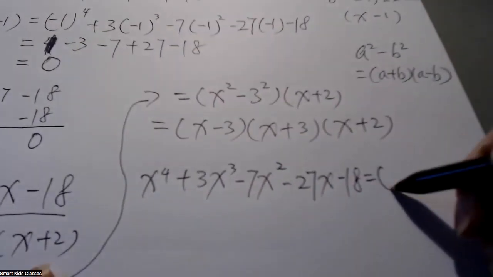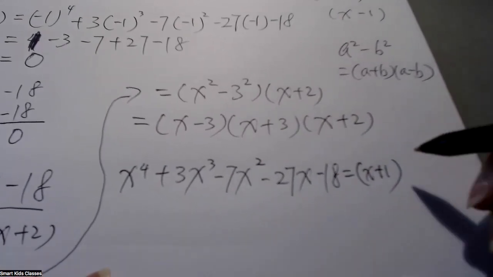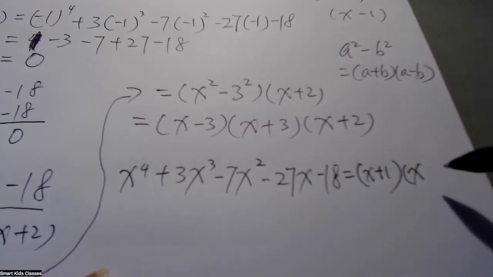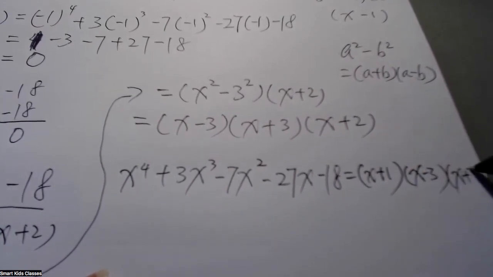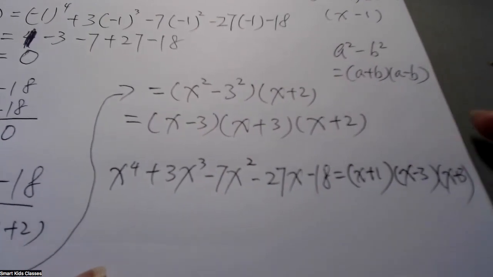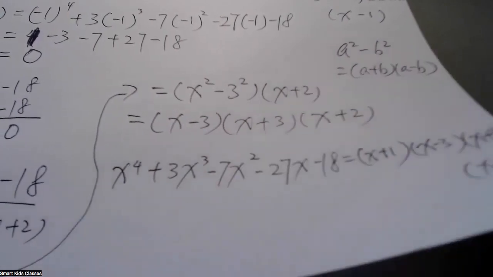So we're going to put x plus 1, the first factor, x minus 3, x plus 3. Excuse me, I'm running out of room here. And x plus 2. So that's the final answer.